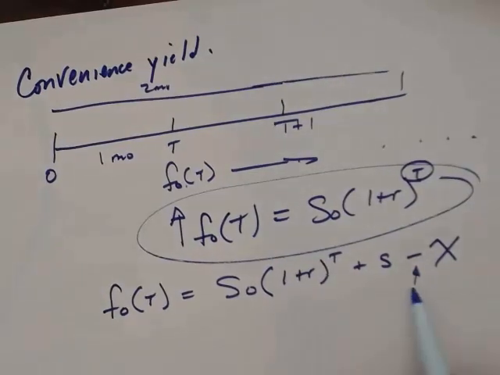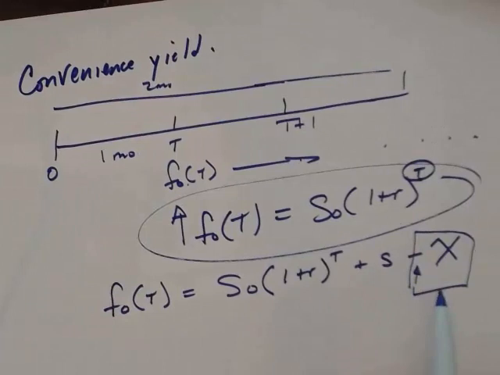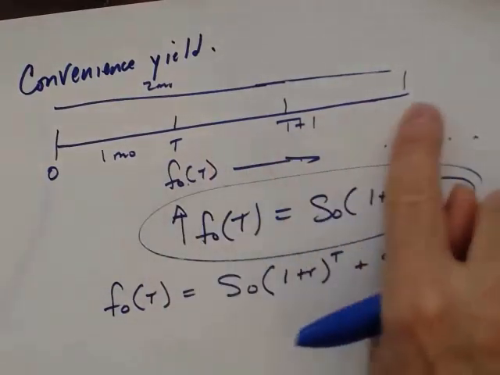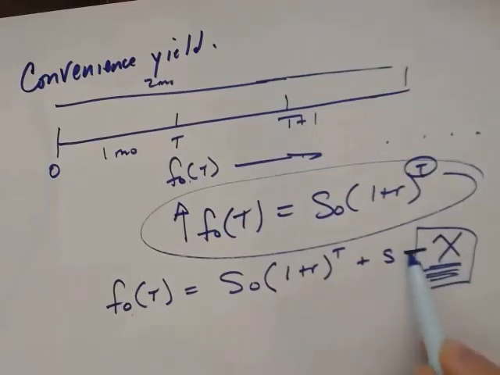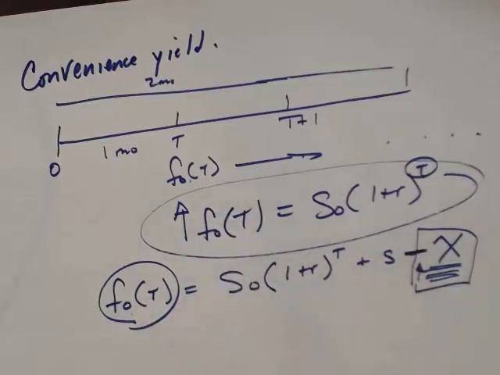And if this is big enough, and this grows with time, the further out, the more convenience you get, and the more insulated you are against very short-term exposure and shortages, then since this is a negative sign here, it actually reduces the futures price. And so that's another explanation of the relationship between futures prices and spot prices: convenience yield.